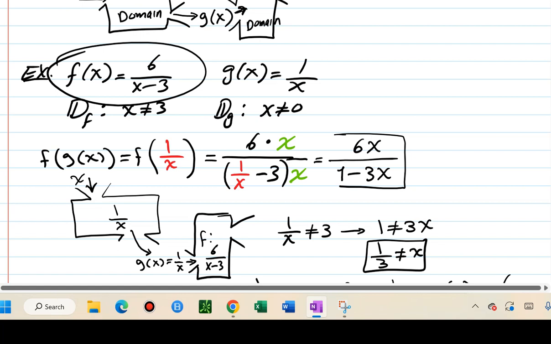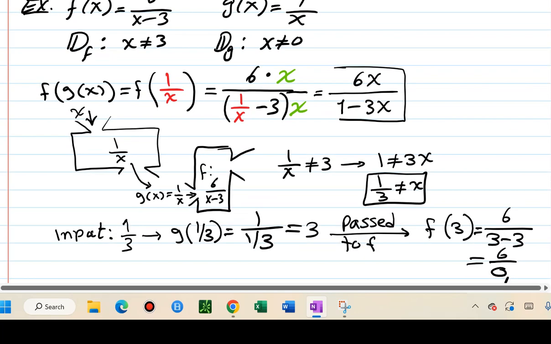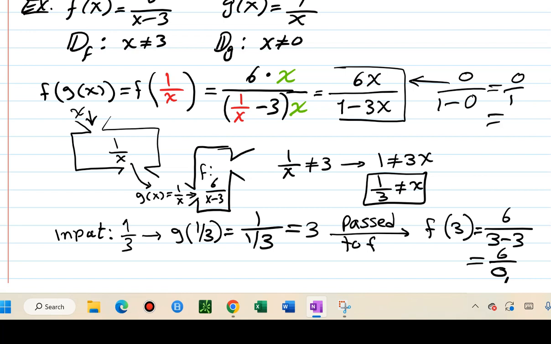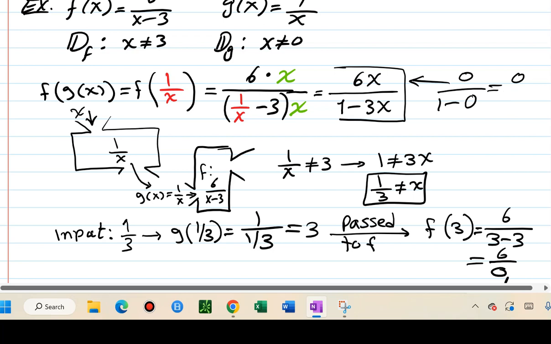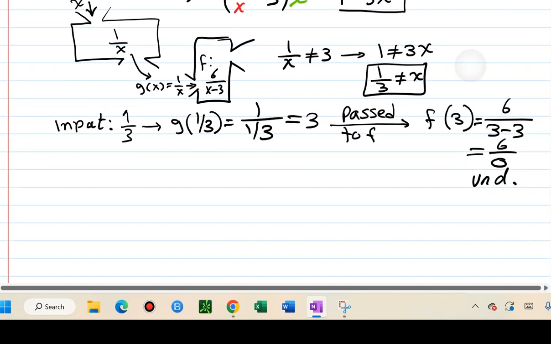Of course. Put 0 here. 6 divided by 0 minus 3 is 6 divided by negative 3, which is negative 2. So f has no issues with 0. It's just that, to begin with, g cannot handle it. Even in the simplified form, 6 times 0 over 1 minus 0 is 0 over 1, which is 0. So what's the problem then? Well, remember, I said to begin with, in our toolbox we are not given 0, we are not given 3.